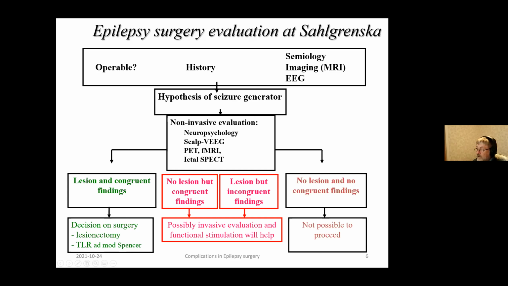And then you have this interesting in-the-middle situation. You have no lesion, that is nothing to be found on the MRI. Or you have something to be found on the MRI, but you have incongruent findings, and then usually you proceed with some kind of invasive evaluation.